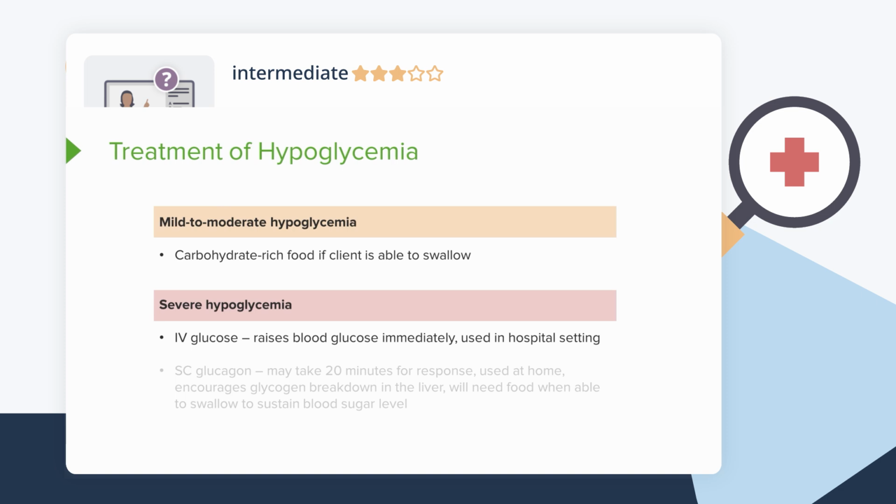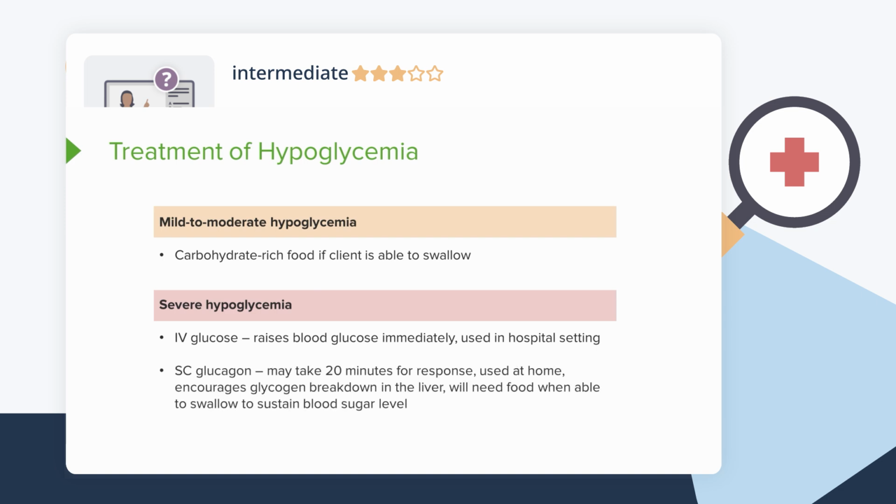We can use IV or we can use a sub-Q. Let me talk about the differences. IV glucose will raise the glucose immediately, but you can only use that in a hospital setting. So IV, you already know absorption, there isn't any. If absorption is the route of entry to the bloodstream, with IV administration, we put it right in the bloodstream. So glucose, boom, that's raised immediately, but it's not available for home use.